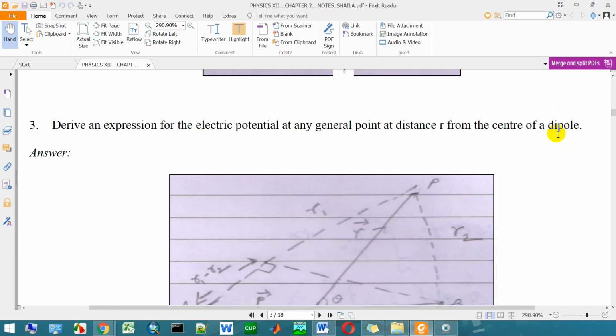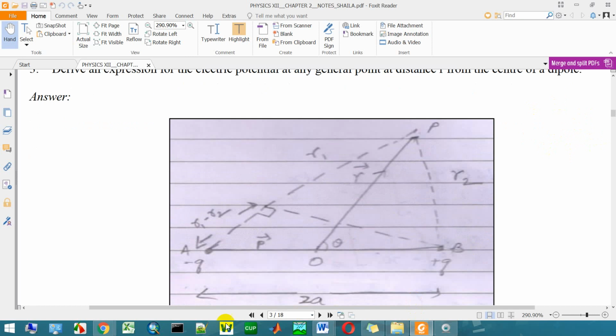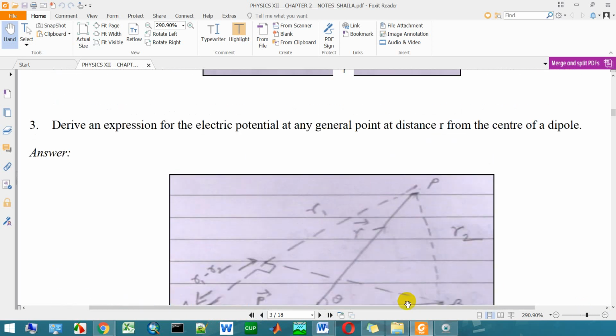It is the product of the magnitude of either charge and the separation between the two charges. Here the separation is a vector quantity and it is directed from minus Q to plus Q. That is why dipole moment is a vector quantity which is directed from minus Q to plus Q.